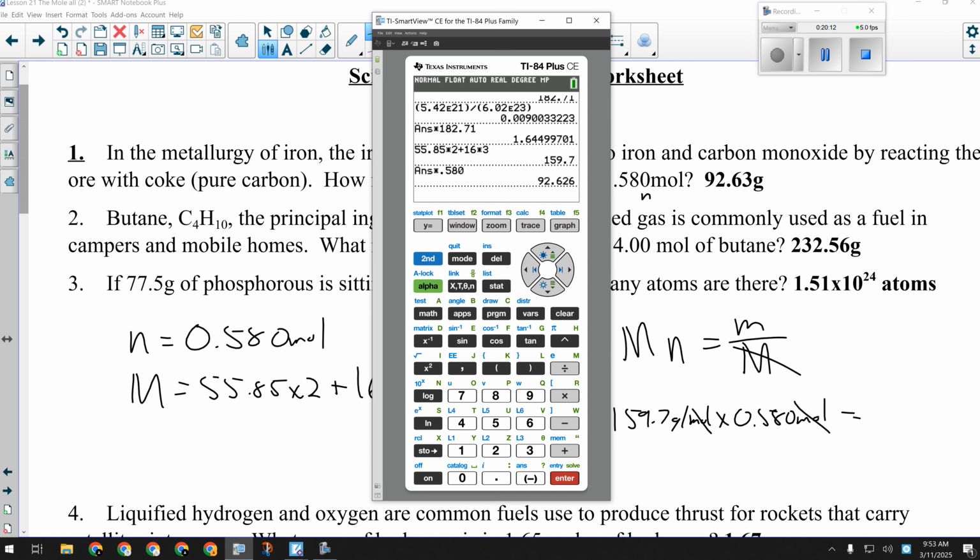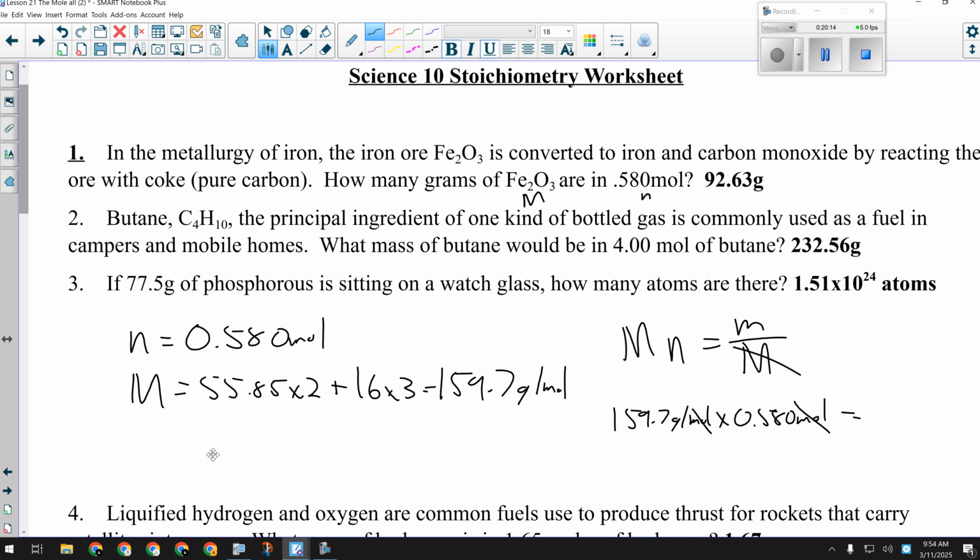That's all. How many people have done number 2? So for number 2, it says we're talking about butane, C4H10. What mass of butane would be in 4 moles? What do they give me there? N, and the ability to calculate big M, because it's butane. They told me it's C4H10.